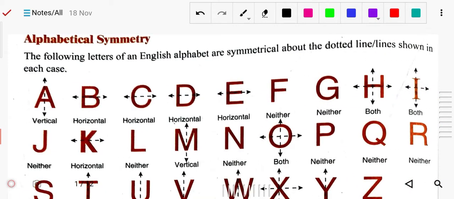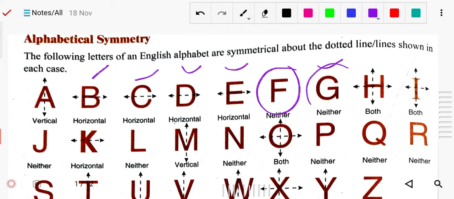These following letters you can see, this is vertical, meaning you can divide this vertically, then it is possible to get symmetrical identical figures. It is possible to fold it from here. Like B, you have to fold horizontally. C also horizontally. D horizontally. E horizontally. F it is not possible, neither horizontally nor vertically.